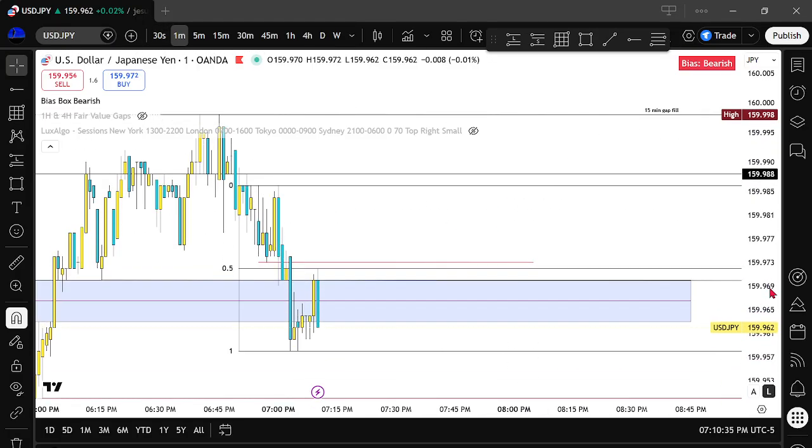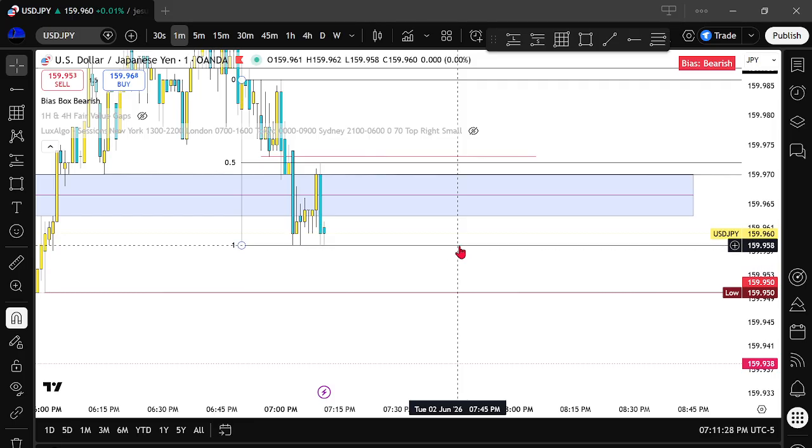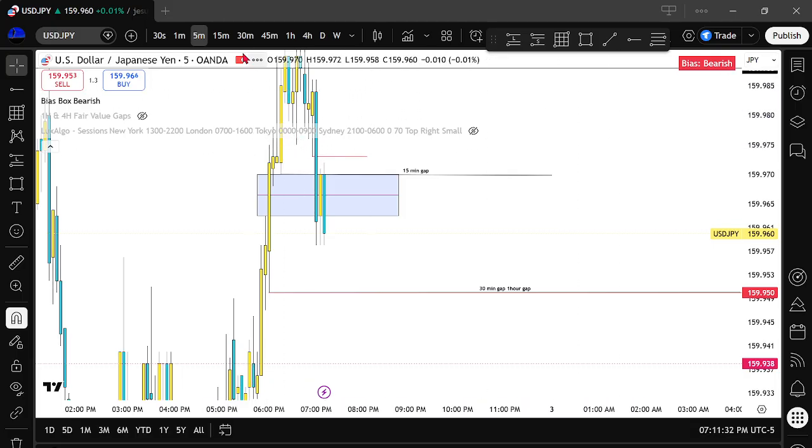Look, this might be it, if we break, I'll take shorts here. Guys, so tap into equilibrium, move into that 5 minute as well.